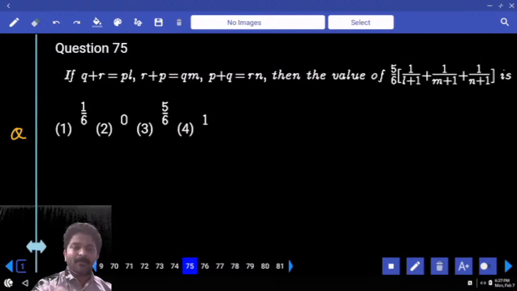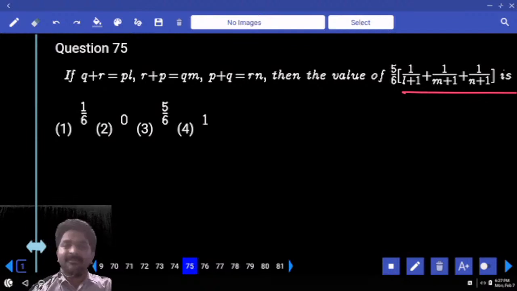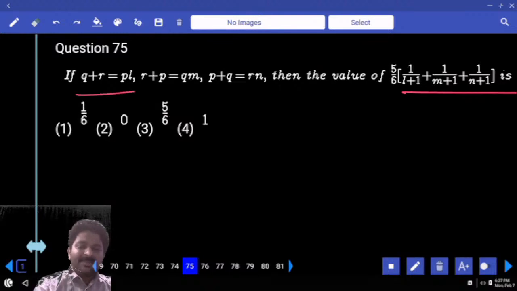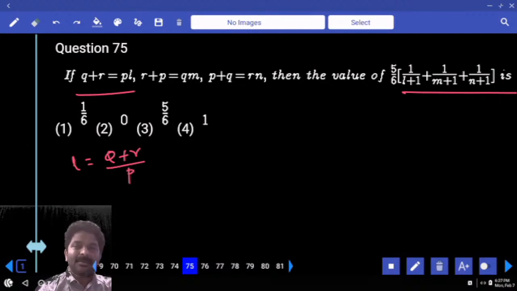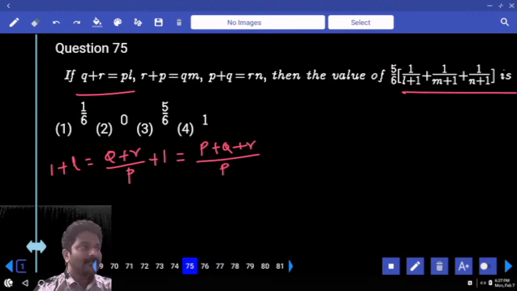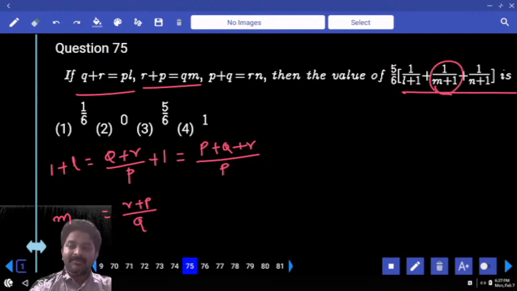Right, so here we have to calculate L plus 1, M plus 1, N plus 1. Am I right? From this, L is equal to Q plus R by P. To this we have to add 1. That becomes P plus Q plus R by P. From this, M is equal to R plus P by Q. But here we have M plus 1, so let me take plus 1 also here.